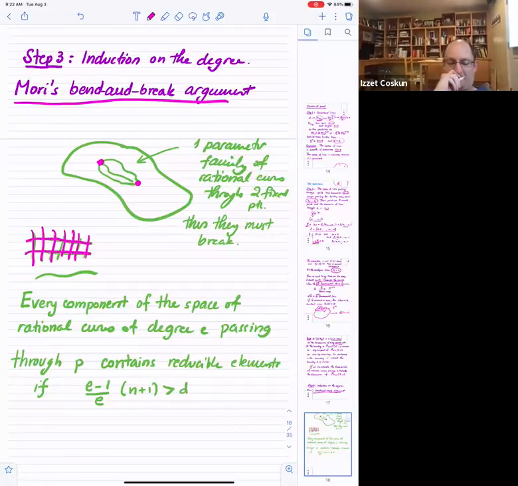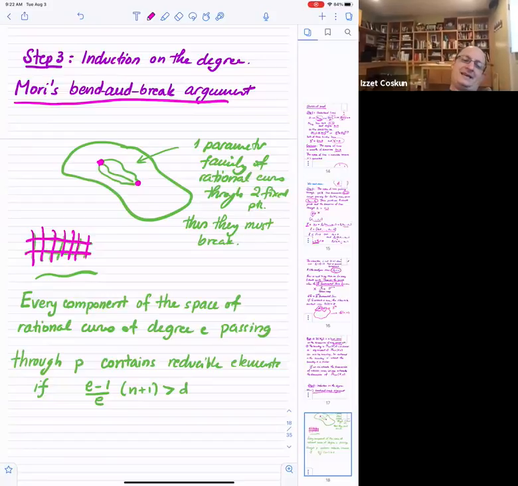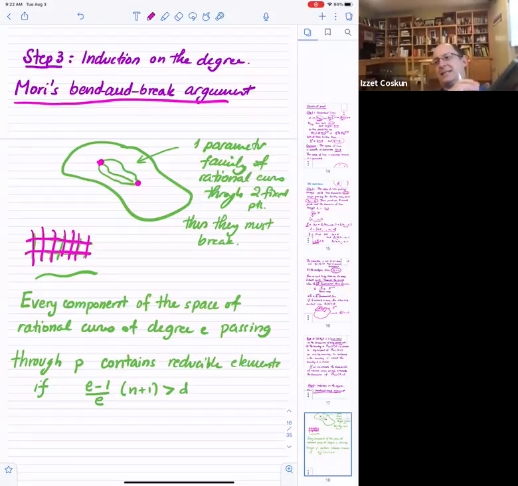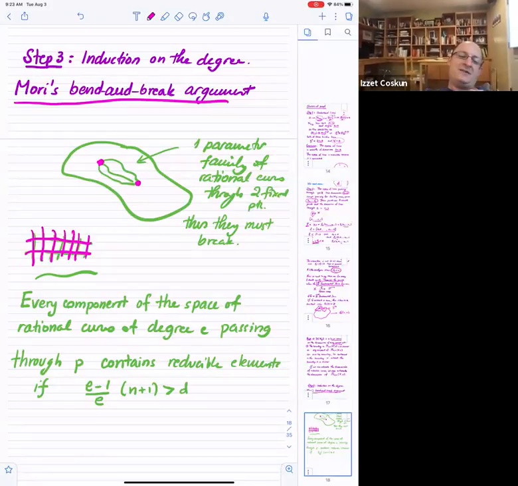Then I have a one parameter family of rational curves, and these points P and Q give me two sections. But this is a P1 bundle over a curve, so if you have two sections, you can't contract two sections without contracting this thing to a curve, right? We understand these kinds of surfaces well enough. So that means that one of the curves has to be reducible.